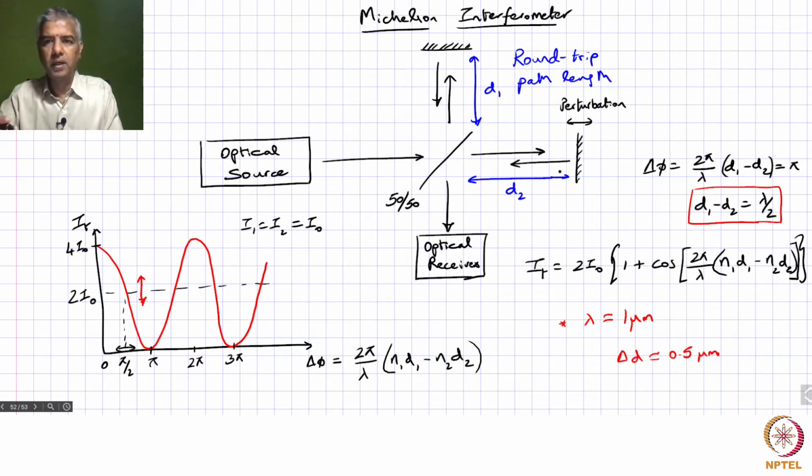Even if you have some pressure changes because somebody is opening the door of the room where this interferometer is set up, and the changes in pressure cause changes in refractive index in the order of 10 power minus 6, that is enough to destabilize the interferometer and move it from maximum to minimum and so on.